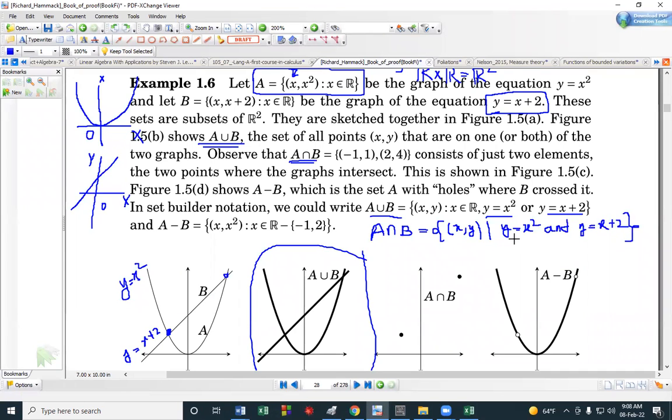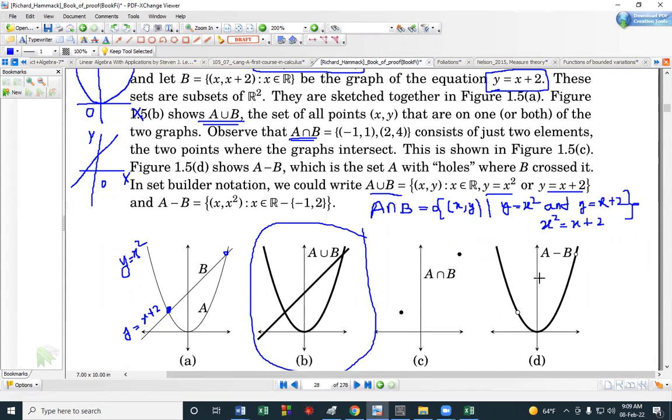So now if y is at the same time x square and x plus 2, then do you think it implies x square has to equal what? Simply substitute this x square in this equation in place of y. Then you get x square equals x plus 2. So that means x has to be a solution of this quadratic equation.